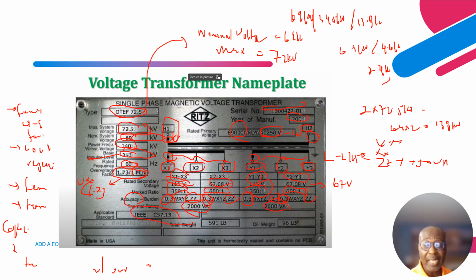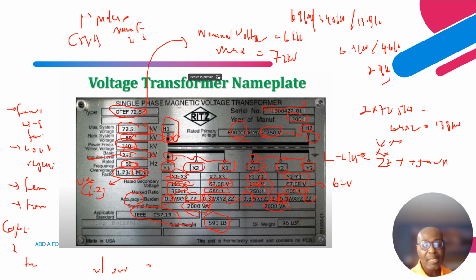So IEEE C57.13 basically tells us the standard that was used in the design and manufacturing. Next is the total weight. This one is 591 pounds.